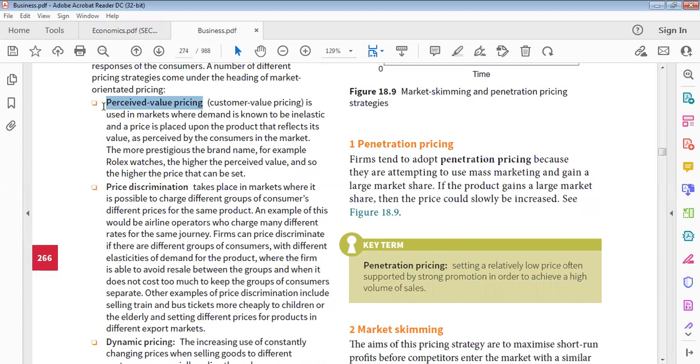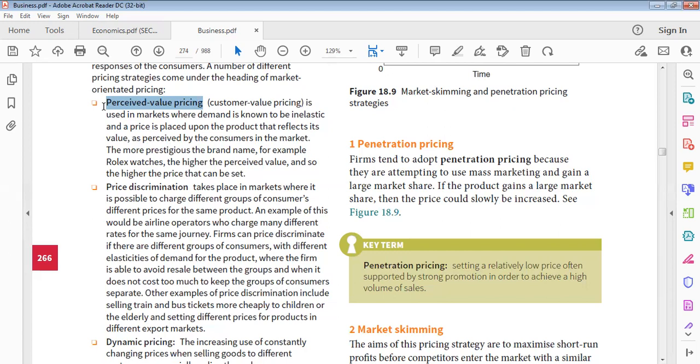Right. So the engine or the body of Rolls-Royce is very similar to some other, cheaper cars as well, right? But still Rolls-Royce charges a very high, premium price. Why is that? Because they want to portray the image of Rolls-Royce as such that it is used by only millionaires, only rich guys.